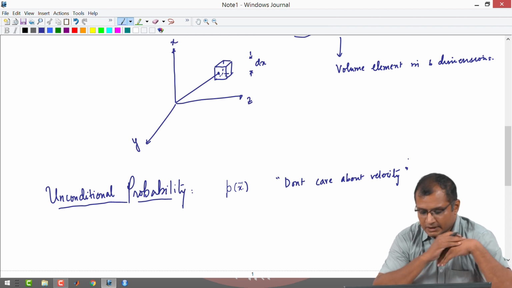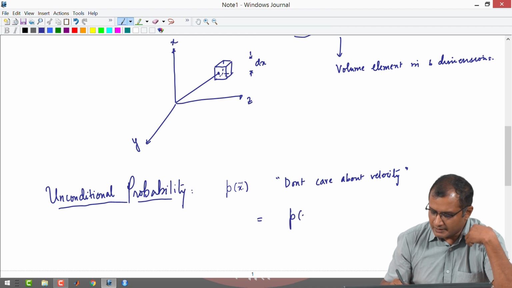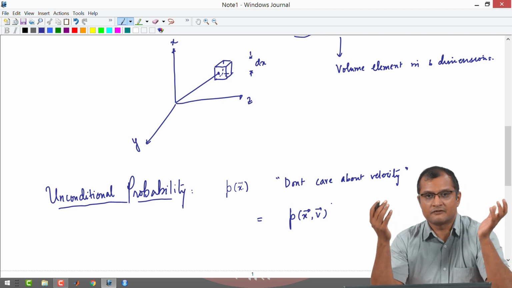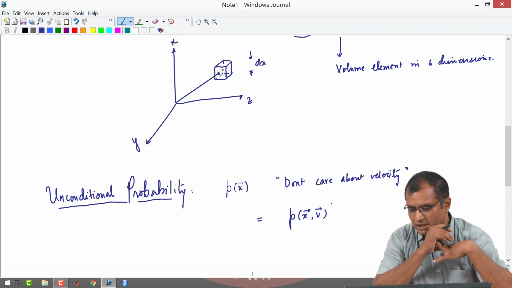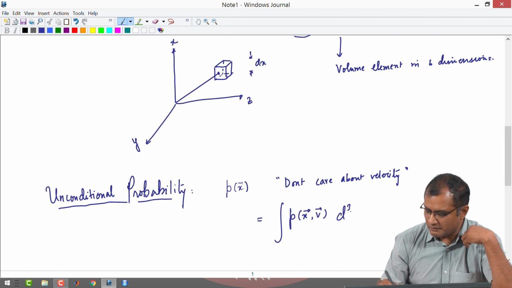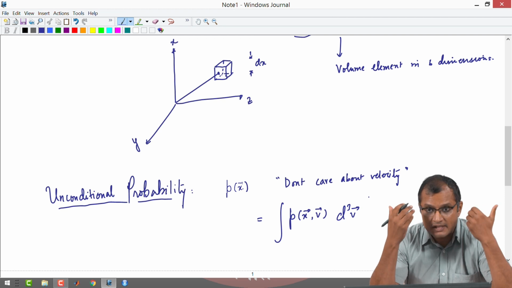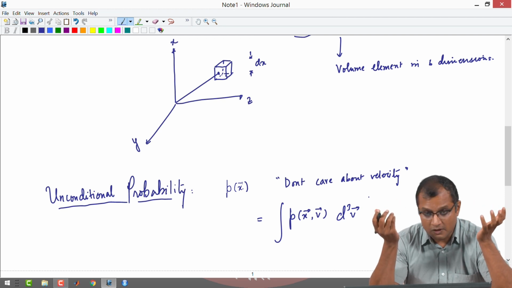You're saying that I will take the joint probability density, one that has all the information of positions and velocity, and I'll simply integrate this over all possible velocities, because I don't care what is the particle's momenta or velocity.